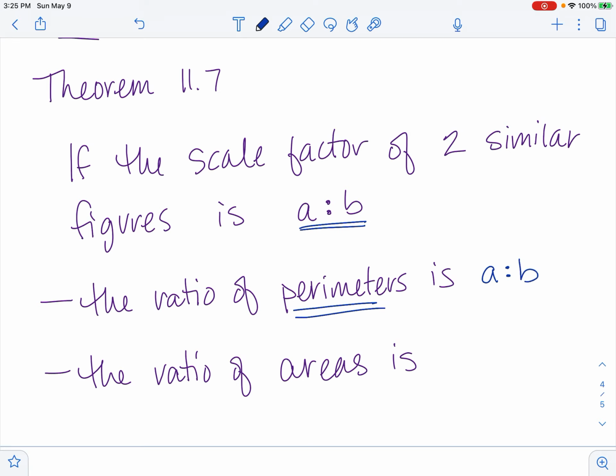I could compare right to right, or left to left, and that is still going to be that length scale factor of A to B. The ratio of the areas is going to be A squared to B squared, like we just saw up above. We're going to see a lot of pictures involving these, including some tough trapezoids.